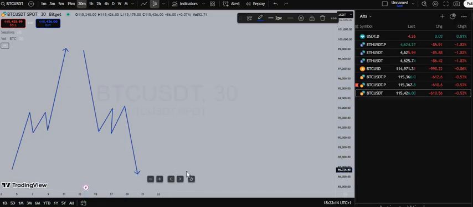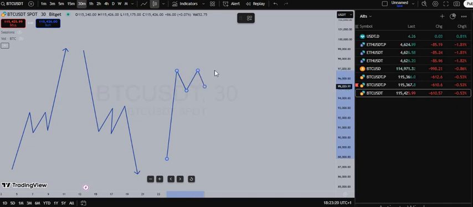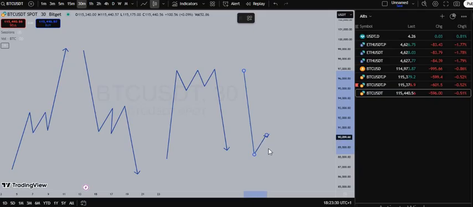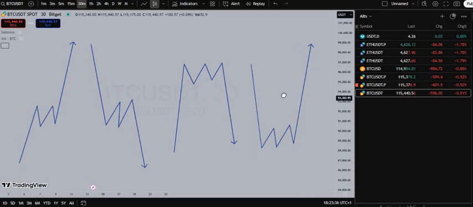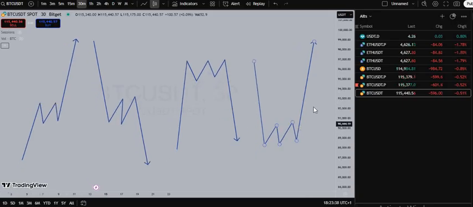Okay, that's 2. And then we have the rally, base, drop. And then we have the drop, base, drop.